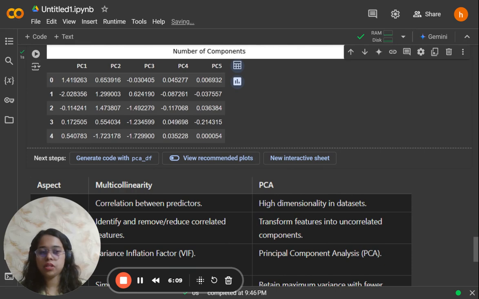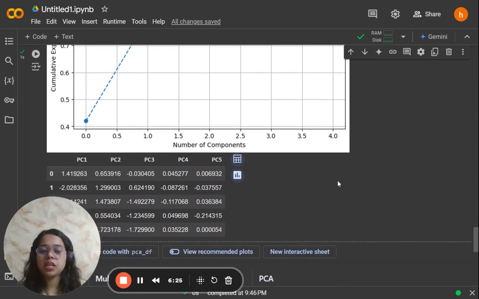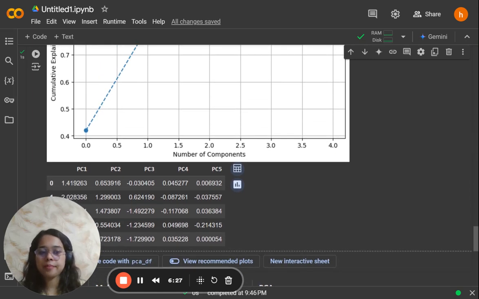So this was our PCA, and we have seen the output. The explained variance ratio tells us how much variance each component captures, and the cumulative explained variance plot explains how many components to keep. And this was our data set.